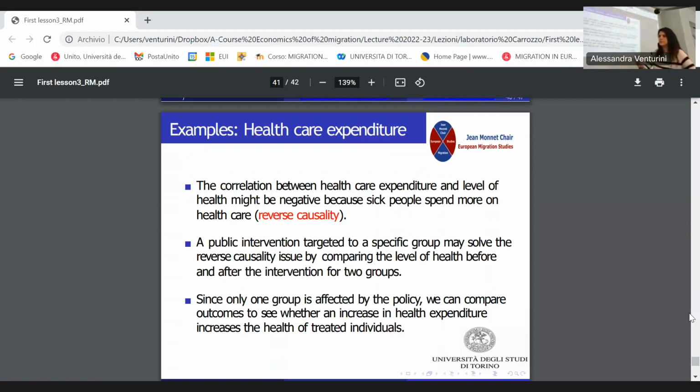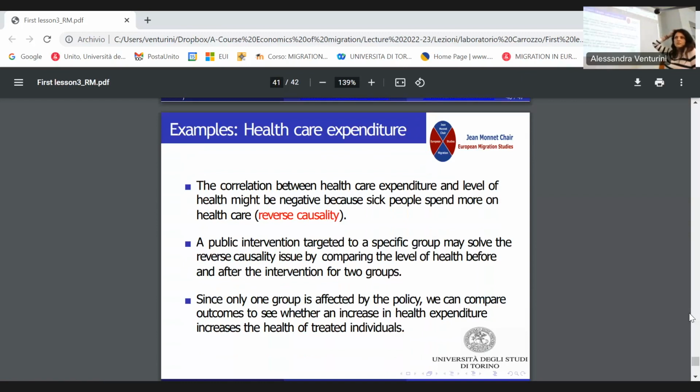Imagine that the state decides on an intervention, trying to vaccinate a group of people. Another, very similar group instead is not vaccinated. So you try to understand if these people are better off later on than the other.